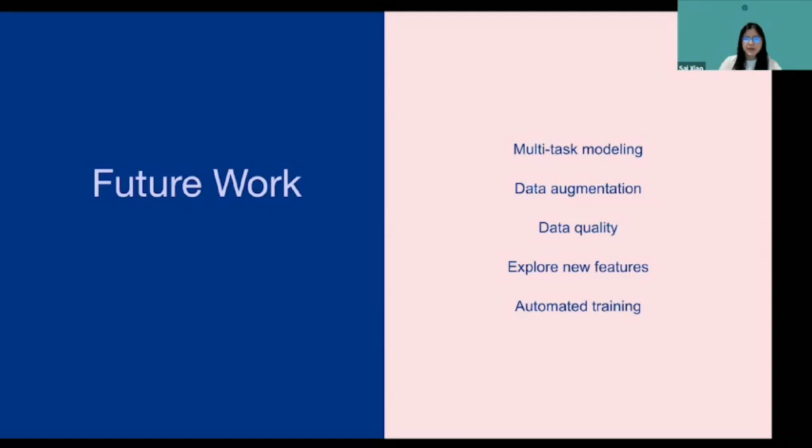To prevent spamming merchants from gaming our system, improving the training data quality is also very important. While we keep training the new model by adding new features, the freshness of the model is also critical. So we will build an automatic training and evaluation pipeline to update the model regularly.